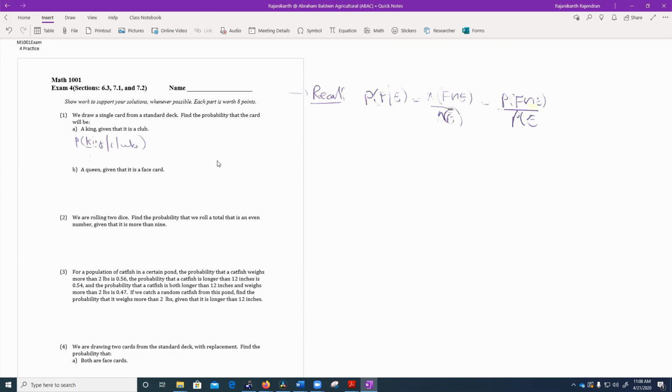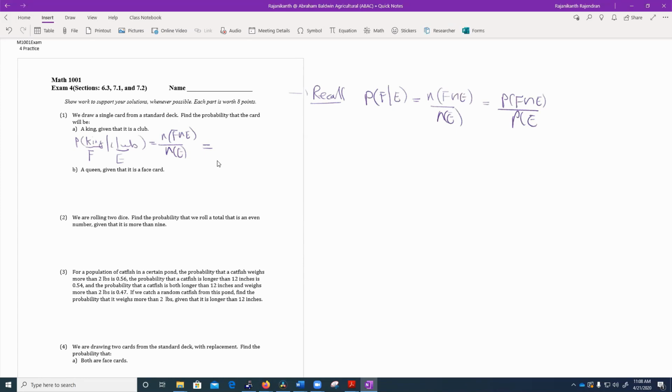This is the one I'm going to use. So this is my event F, this is my event E. Let me use the first one because I have the number of outcomes in each card pack. So this is going to be n of F intersection E over n of E. What does that mean? The numerator says the number of outcomes from F intersection E. You are choosing a card, and that card should be a king with club.